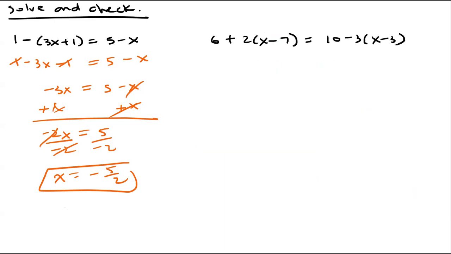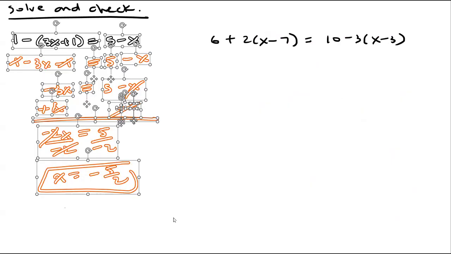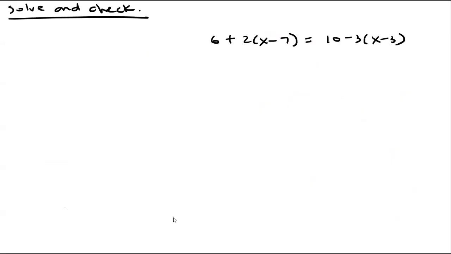Okay, let's look at the next one. We have 6 plus 2 times x minus 7 equals 10 minus 3 times x minus 3. All right, what's our first step here?